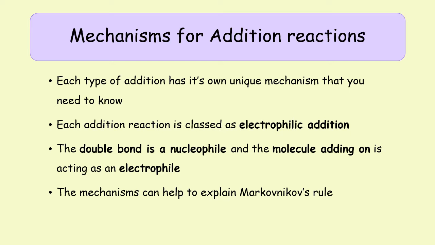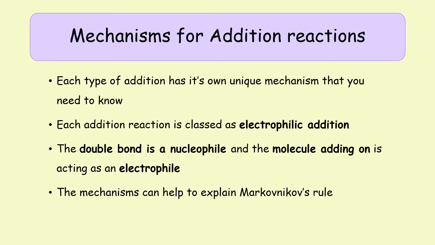Now, the next part of this video is going to look at the individual mechanisms for addition reactions. The three addition reactions have their own unique mechanisms that are slightly related to one another, but are different enough that you should learn them individually. Each addition is classified as an electrophilic addition. This is because the double bond has a large electron density, making it a nucleophile.